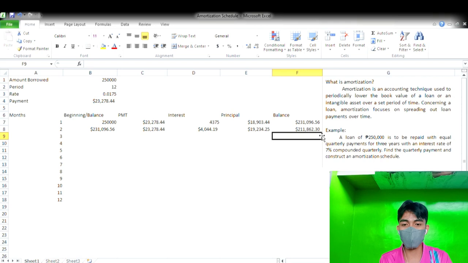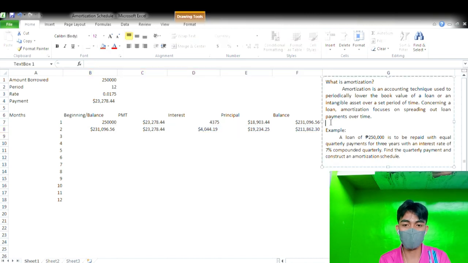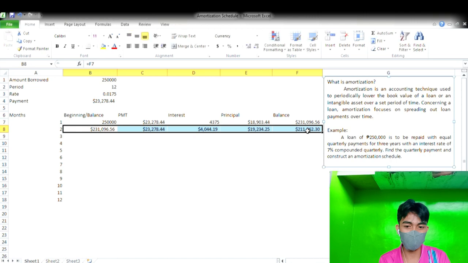So instead of solving manually, we can drag this. Starting with the second period, highlight, then let us highlight this cell, then drag it down.